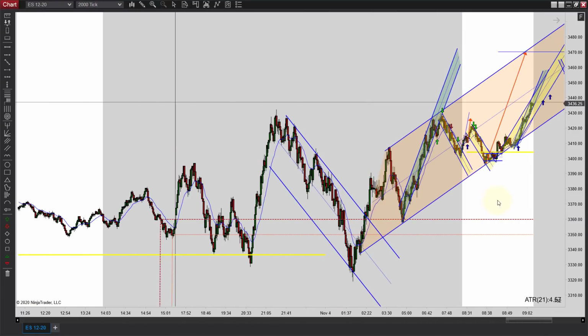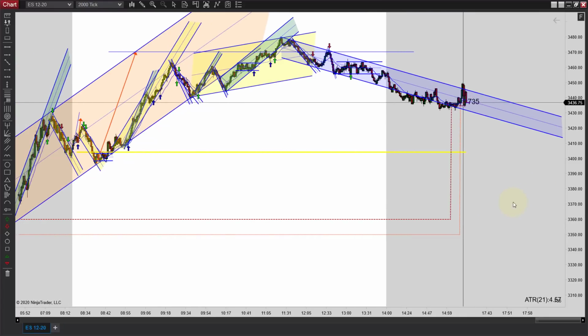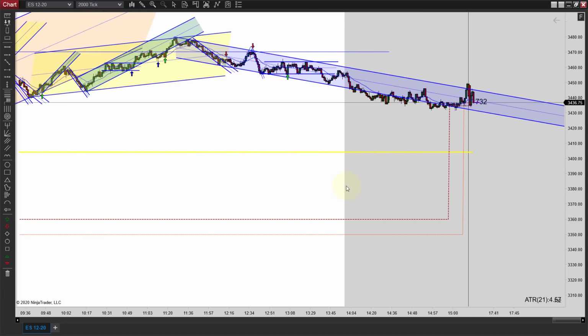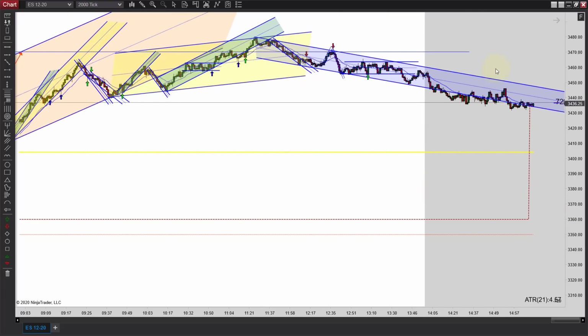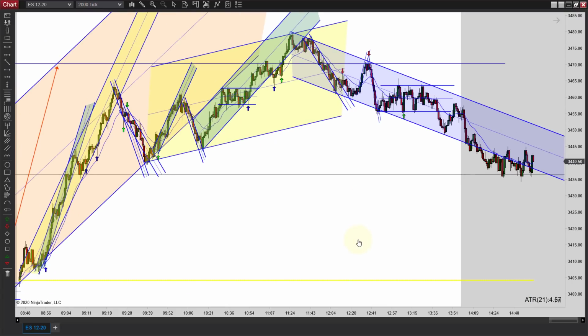So I guess people are in wait and see mode, but there's just not much happening right there at all. So we'll wait and see what tomorrow brings, what the overnight brings. Hopefully, maybe we'll get this election behind us and we can move forward and get back to a little more normal market. But who knows when that may happen? That may just be wishful thinking.